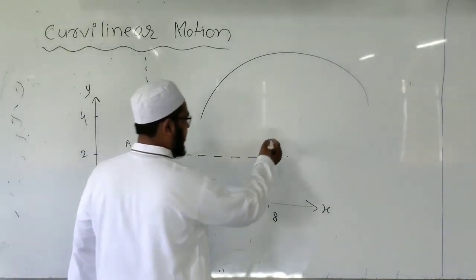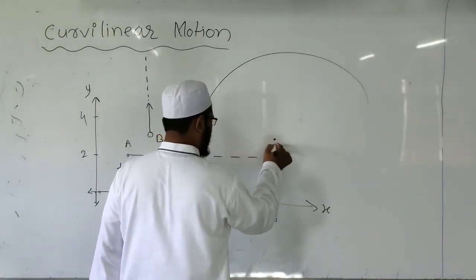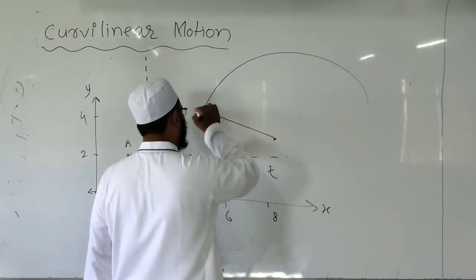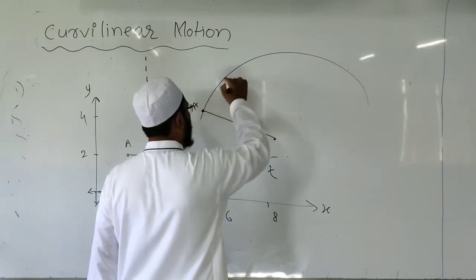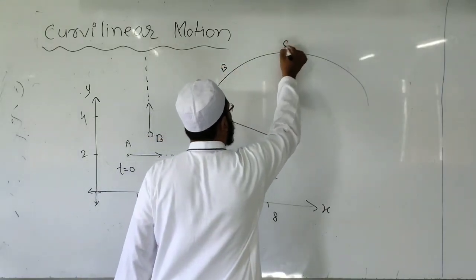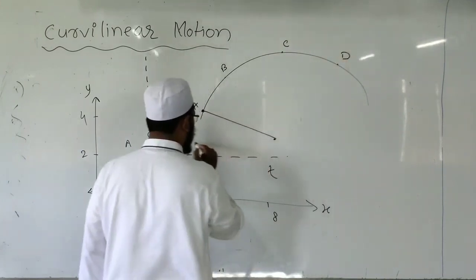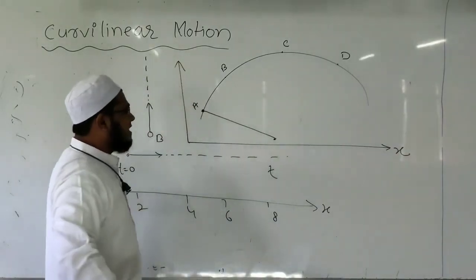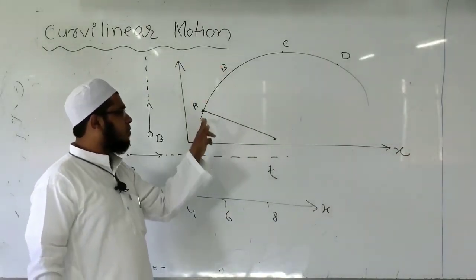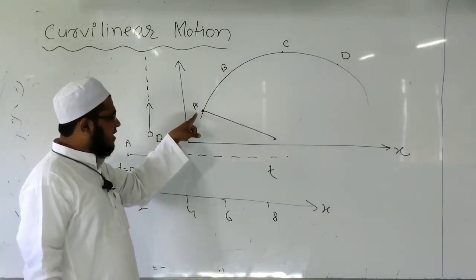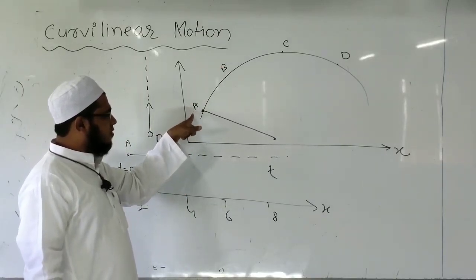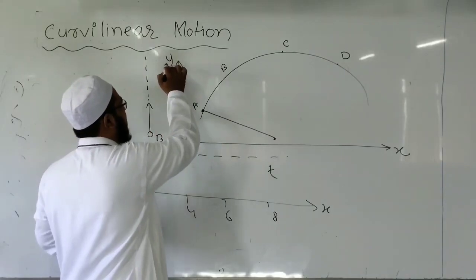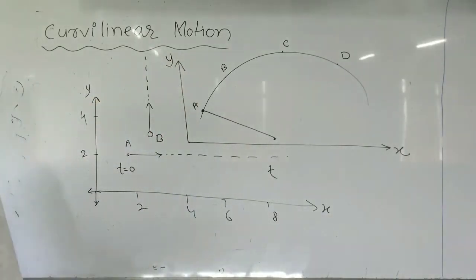In curvilinear motion, assume that this is the center of the curvature of the path about which the particle is moving from position A, B, C, D. And if we decide the axes X and Y, then you can see from the motion of this particle that for each time frame, both coordinates X and Y are changing.